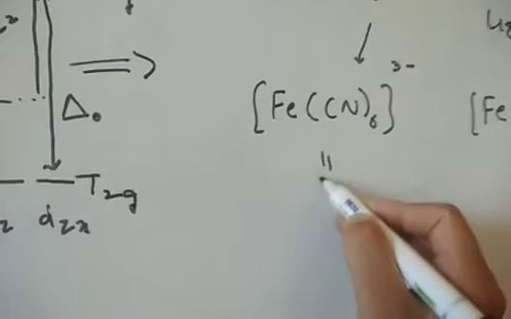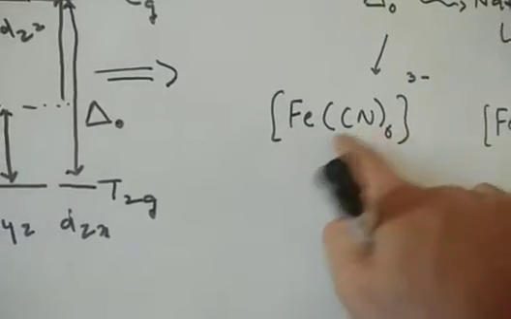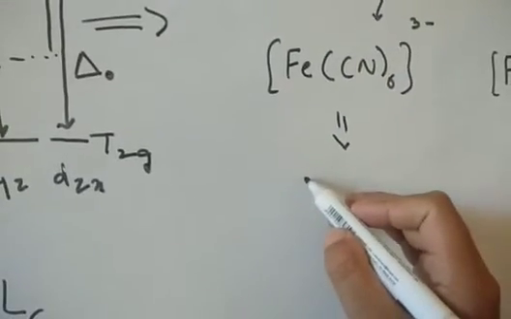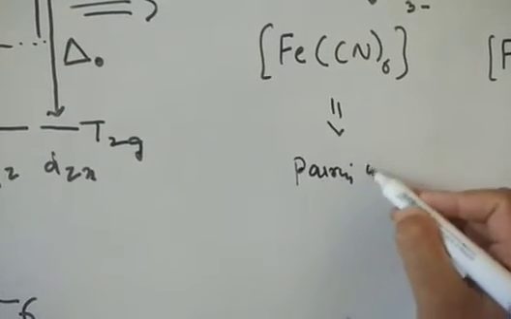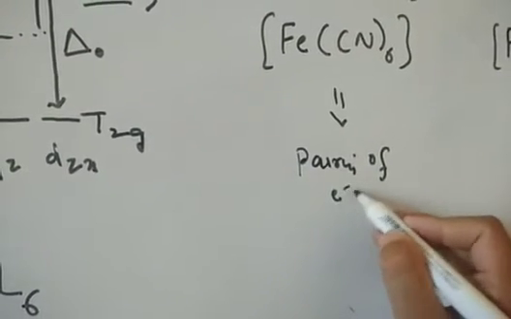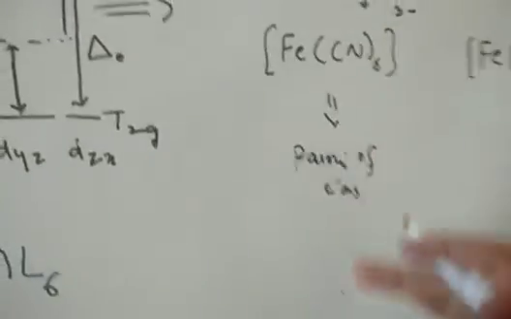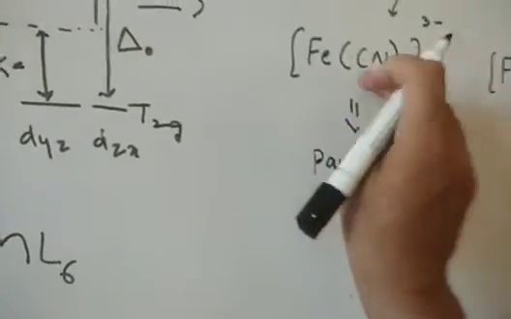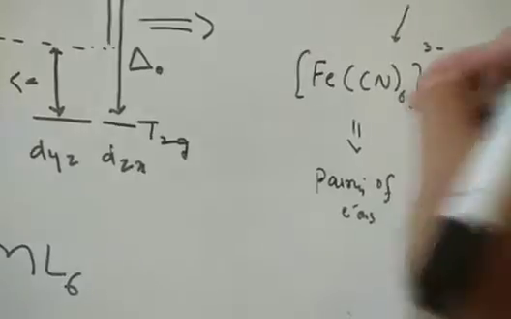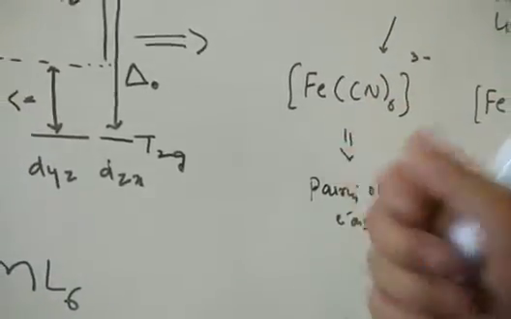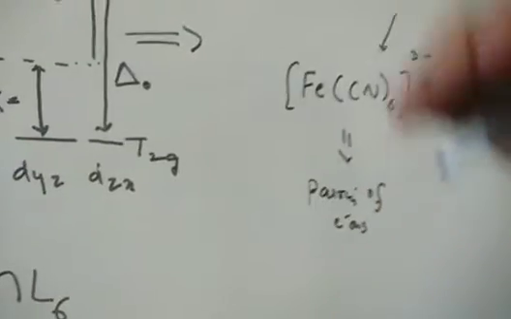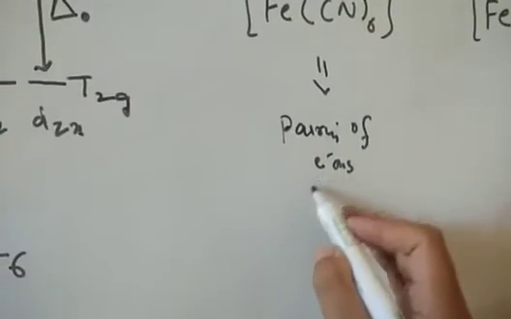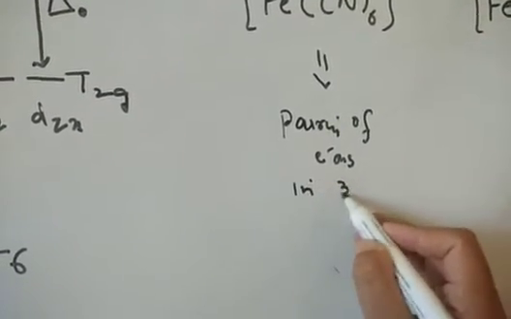But in the first case pairing of electrons takes place. Because this ligand is considered a powerful, strong field ligand, it generates a strong field, and because of that repulsion the electrons get paired up in the 3d orbitals.